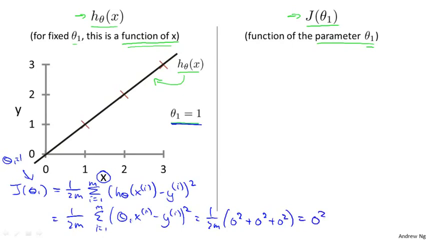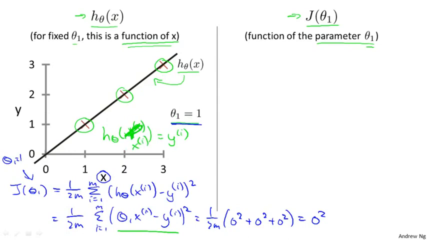Now, inside the cost function, each of these terms is equal to 0 because, for my 3 training examples at (1, 1), (2, 2), (3, 3), if theta 1 is equal to 1, then h of x_i is equal to y_i exactly.